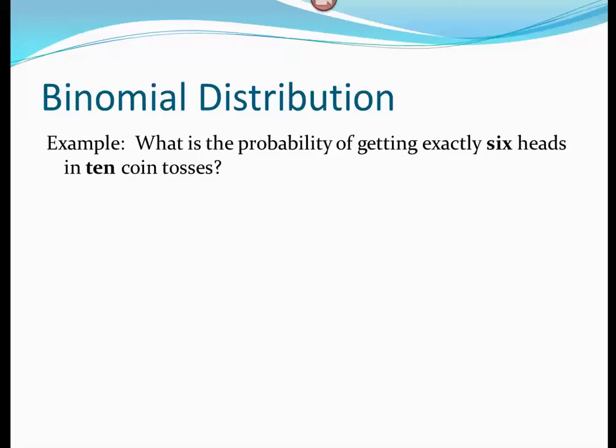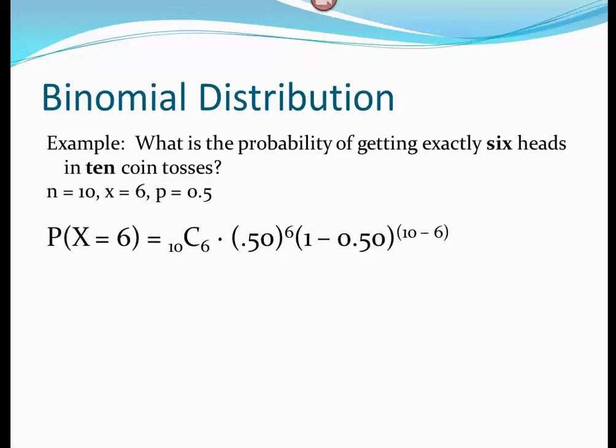So 2 multiplied by itself 10 times, or 2 to the 10th power, would give me 1,024 different possible items in my sample space. Figuring out how many ways I could have 6 heads and 4 tails in every particular order is going to be a gargantuan task that we don't want to do.